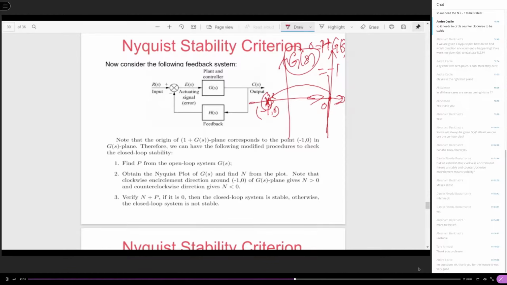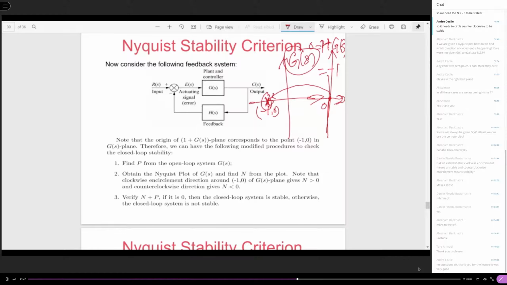This point is so critical because it basically determines the stability of the closed loop system. Never forget it: the -1, 0 point on the open loop transfer function G of s plane.